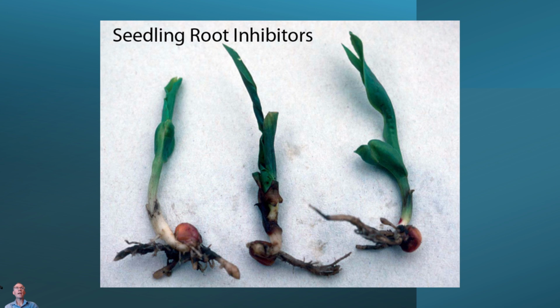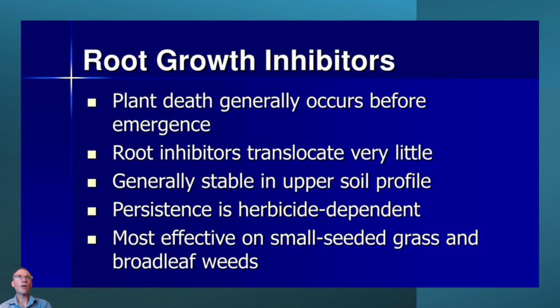On the current image, you're seeing a little bit of what seedling root inhibitors do. Looking at root growth inhibitors, plant death generally occurs before emergence. Root inhibitors translocate very little, generally stable in upper soil profile. Persistence is herbicide dependent, most effective on small-seeded grass and broadleaf weeds.